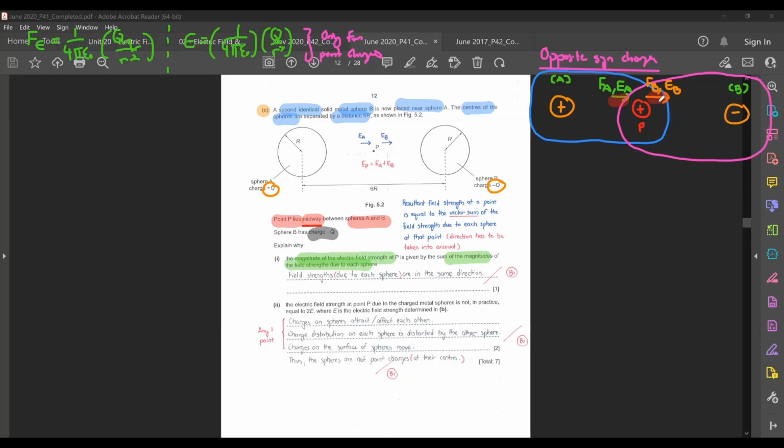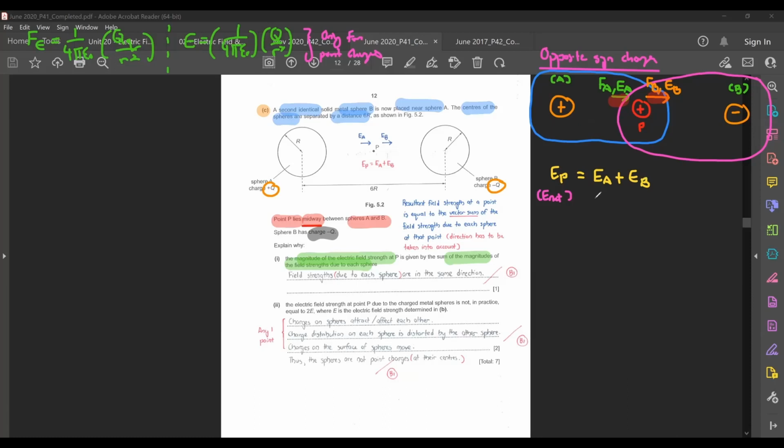So in your case here, your EP, the electric field strength at P, which is essentially your resulting net field strength, it will actually be EA plus EB. Okay, it will just be that.